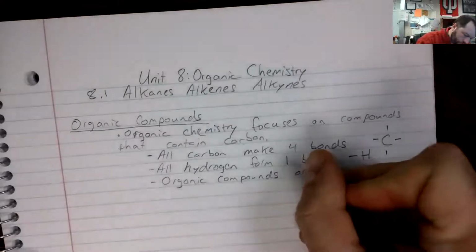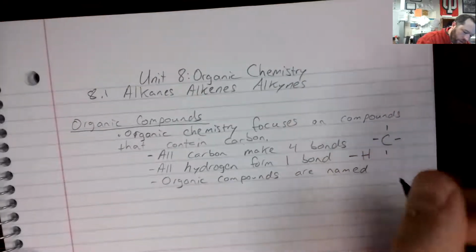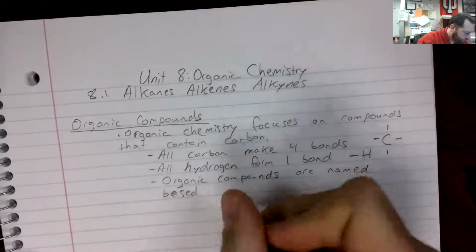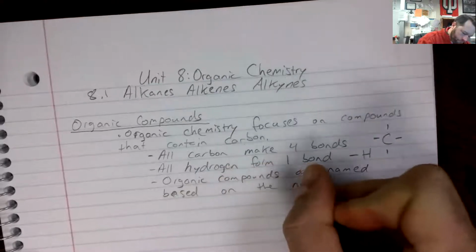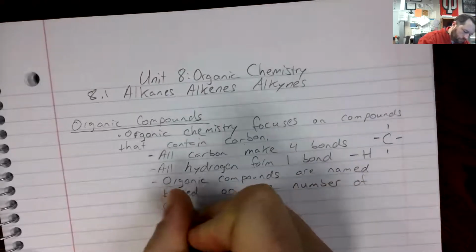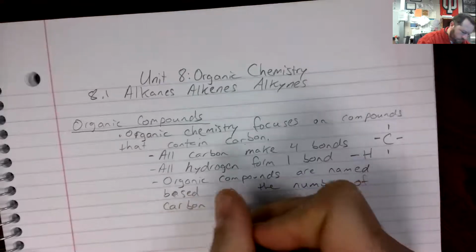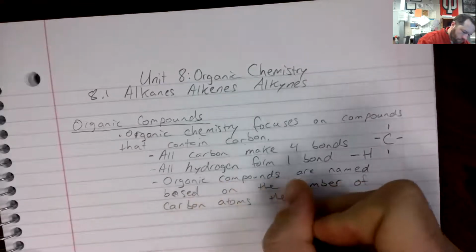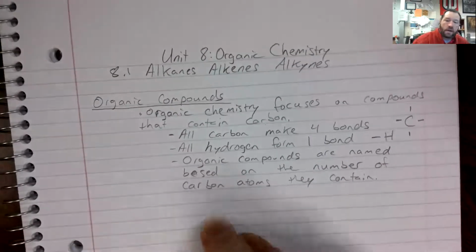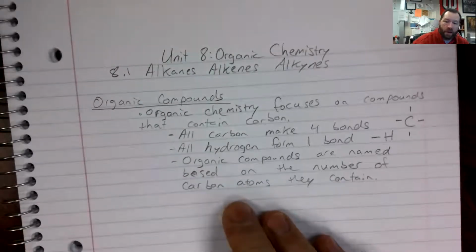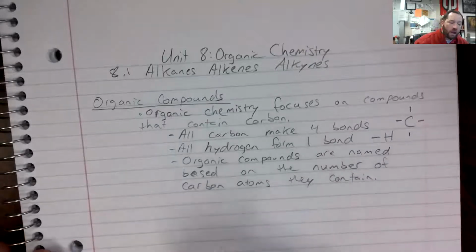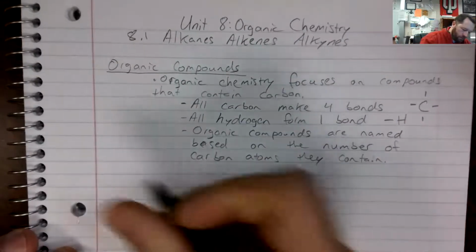The first rule, kind of the building block, the foundation on which this is all built, is that organic compounds are named based on the number of carbon atoms that they contain. So that's going to be our first rule, is you're always counting how many carbon atoms are in the molecule.